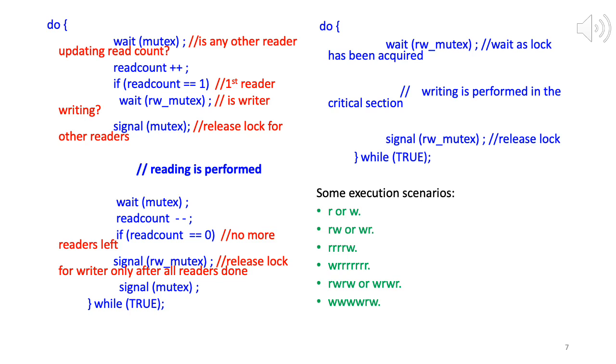So that's for mutex, and the first reader will also acquire the read write mutex lock. Right. Now if any writers come, they have to wait. And so let's say the first reader acquires the read write mutex lock. Correct. And now if the second reader comes in, if read count equal to 1 is false, then it just goes on reading.